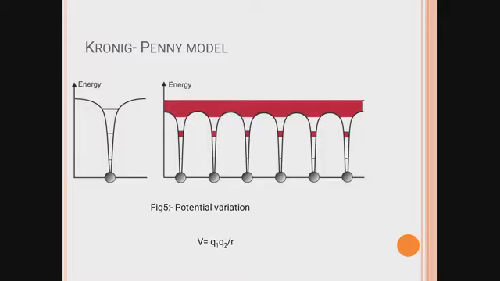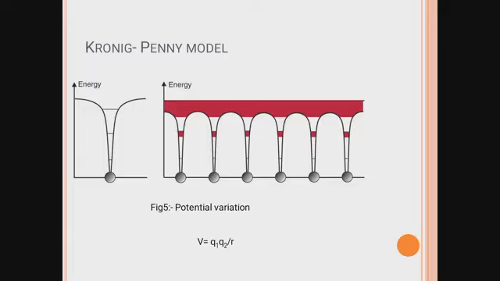So according to the Kronig-Penney model, why is it called the Kronig-Penney model, and what did he explain or experiment through this model? In this model, what he actually did was approximate these potential variations, all of these potential variations, with rectangular potential wells.